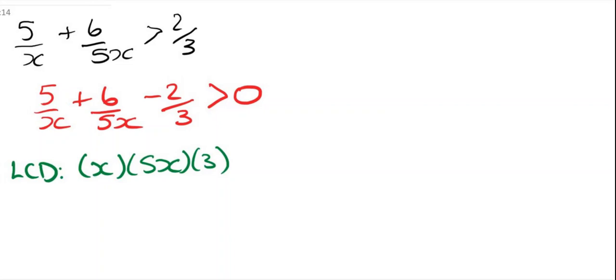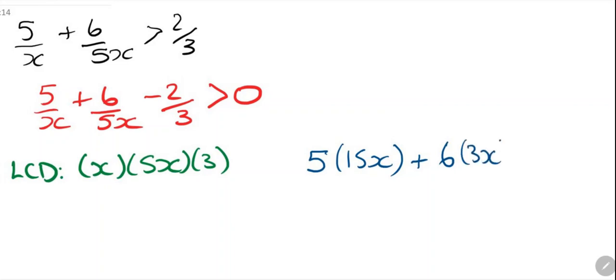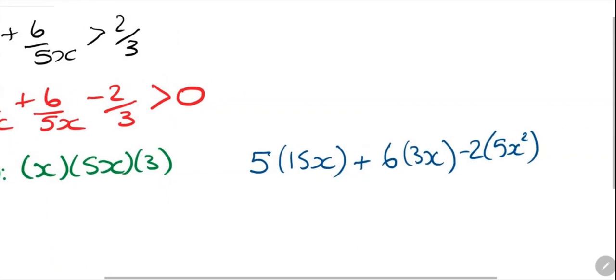So we're going to multiply the equation by, so 5, I've already got an x, so I'm going to multiply this by 5x and 3, which is 15x. And 6, I've already got a 5x, so I'm going to multiply this by 3x. And then minus 2, there's already a 3, so I'm going to multiply this by 5x squared. And this is greater than 0.